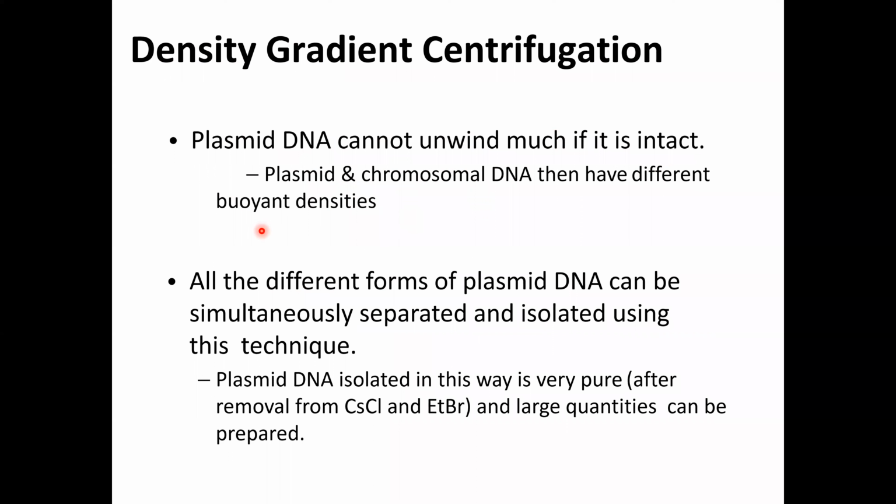All the forms of your plasmid DNA can be separated and isolated using this density gradient centrifugation. Plasmid DNA isolated this way is very pure, with the cesium chloride and EtBr already removed, and it can be prepared in large quantities for your experiments.